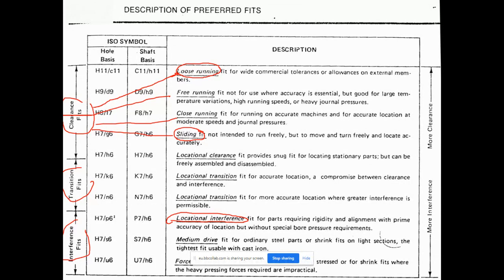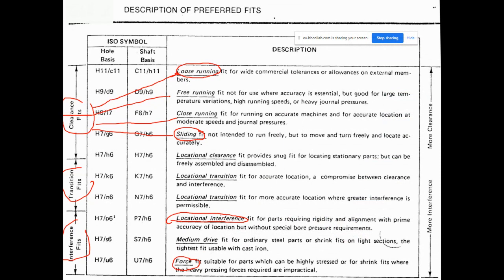This means interference is not so much. But if it is said to be force fit, this means the interference is in the highest order.